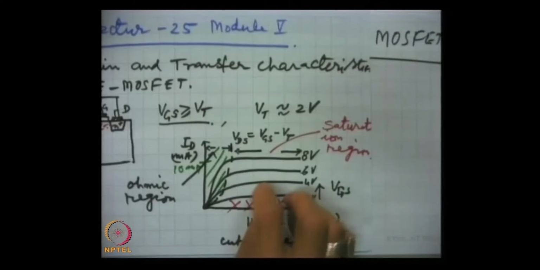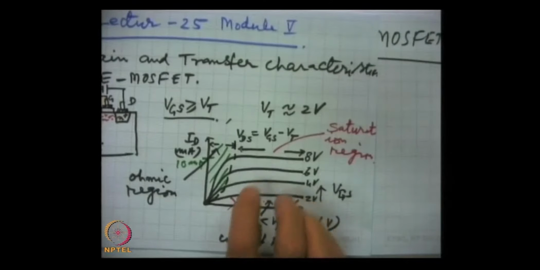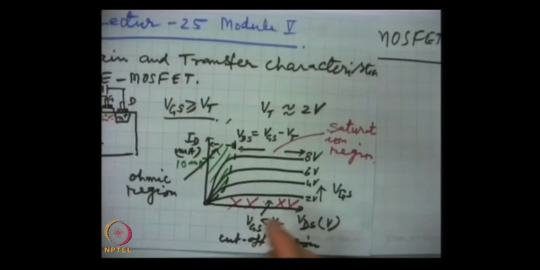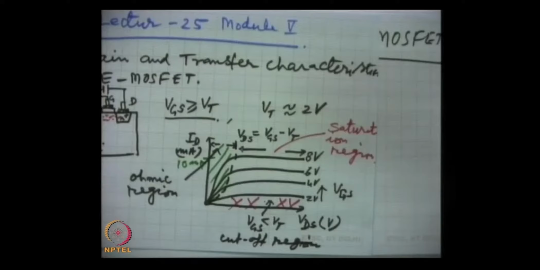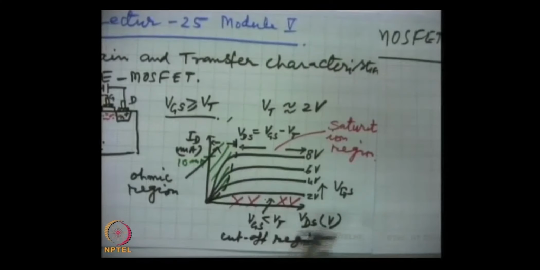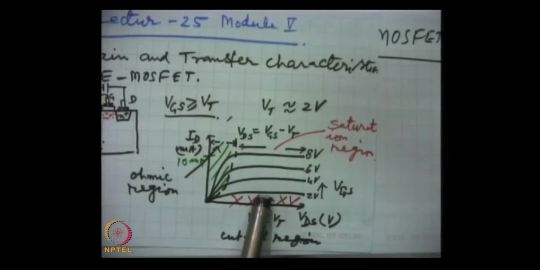Why do we require to bias the device? I am sure by now you understand that. It has been said that when we want to operate the device for amplifying purposes, the device has to be operated in the saturation region. When the device is to be operated as a switch, on and off, then it has to go into the cutoff region. So, the regions may be cutoff and saturation, or cutoff and ohmic.